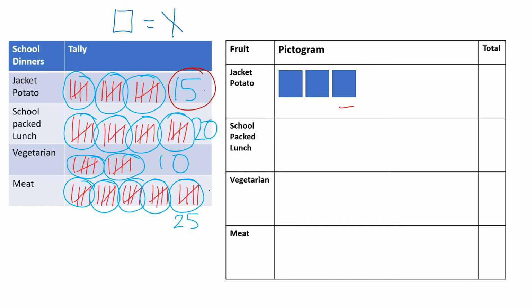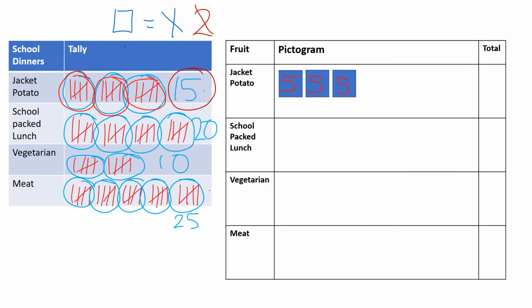So I'm just going to give you a couple of minutes to think. There is a clue by looking at the tally. Okay, so hopefully you've worked out that each square is worth 5. 5, another 5, and another 5.